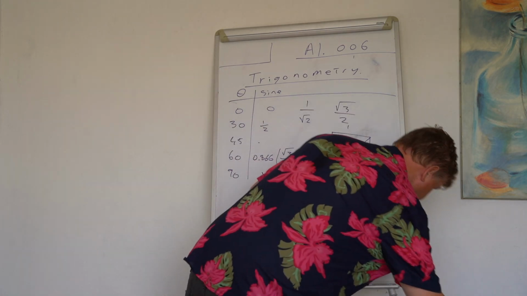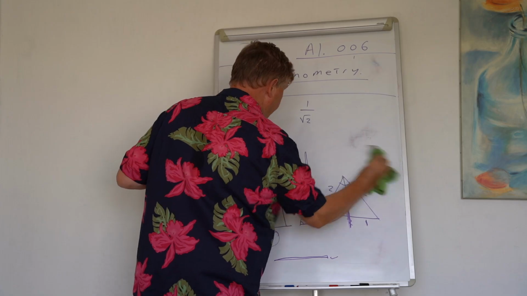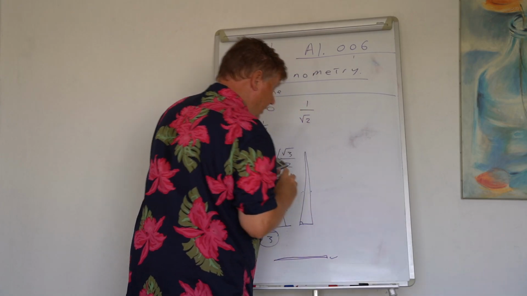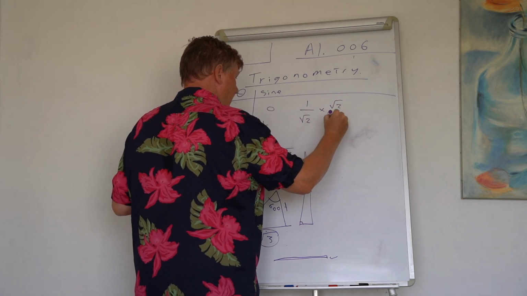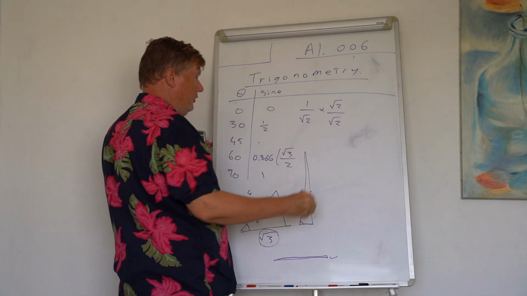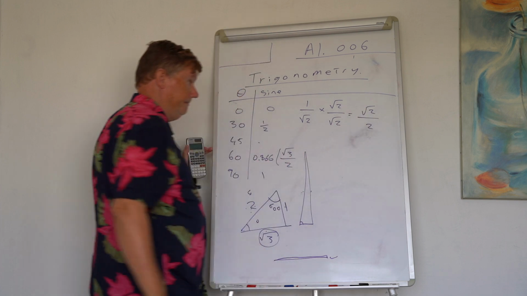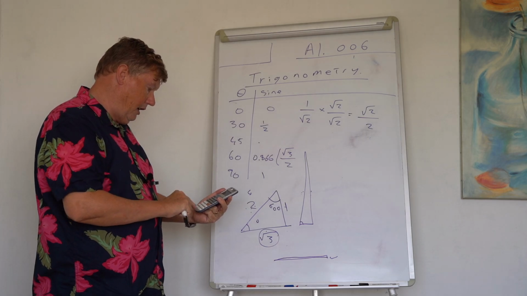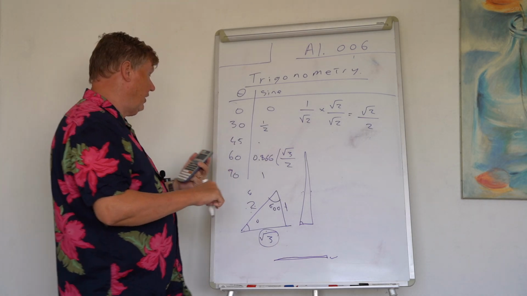Now, little maths facts for you. Mathematicians don't like you putting roots on the bottom. They just don't like it. And so what they make you do is multiply by root 2 above and below. So multiply by root 2 over root 2, and you get root 2 over 2. And so again, if I type in sine 45, I'm going to get root 2 over 2, which is 0.707.